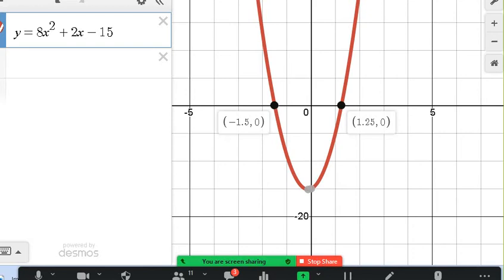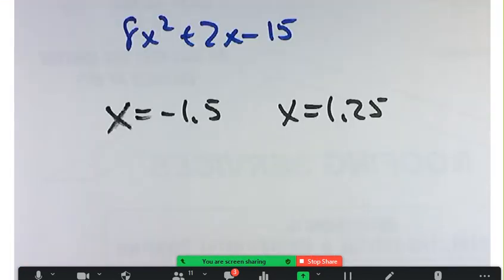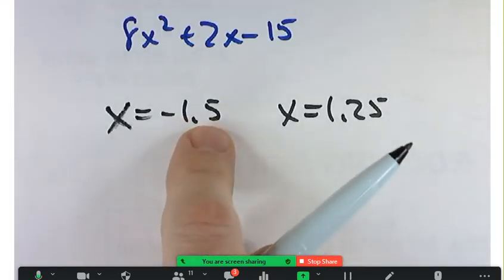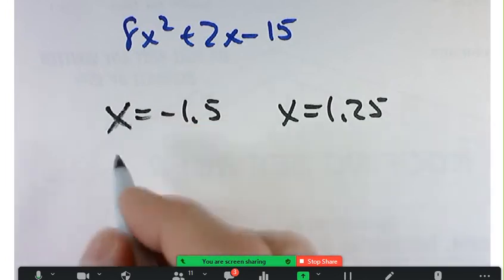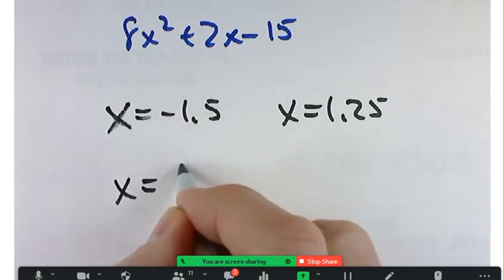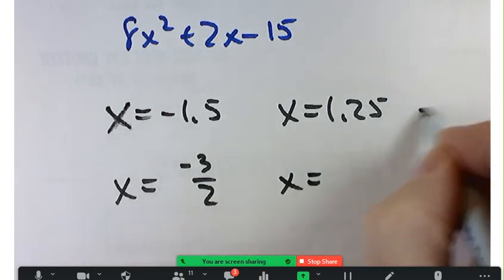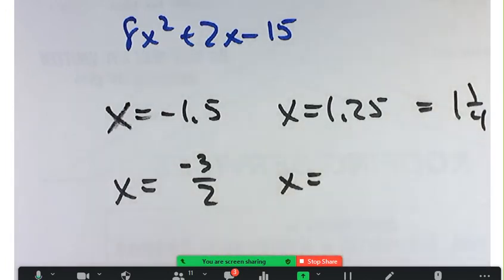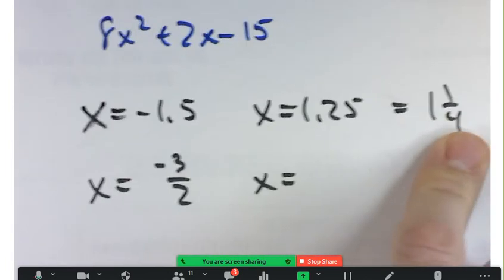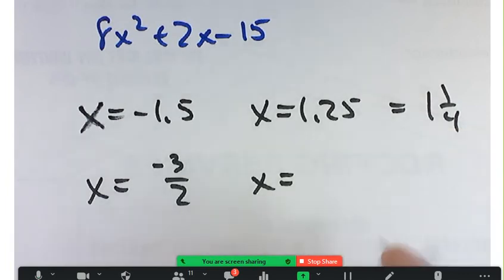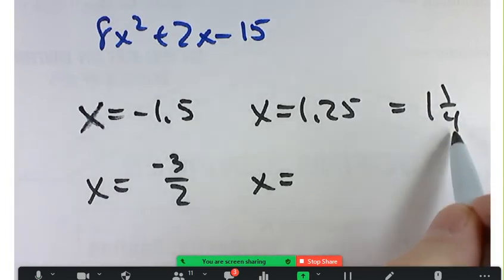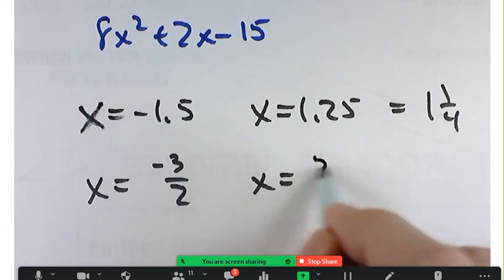Okay. Well, the first thing I'll do is I'll turn both of these into fractions. So that's x equals negative 3/2. This is really 1 1/4. So what fraction would that be? 1 times 4 plus 1, 5/4.